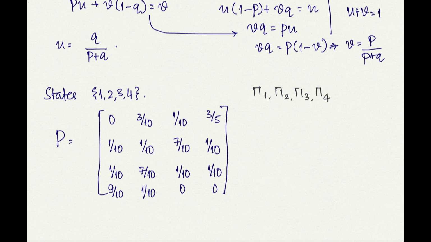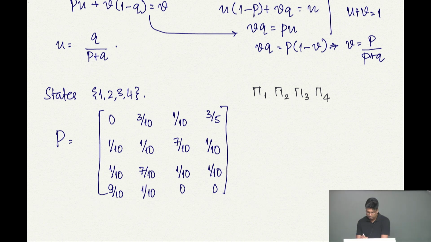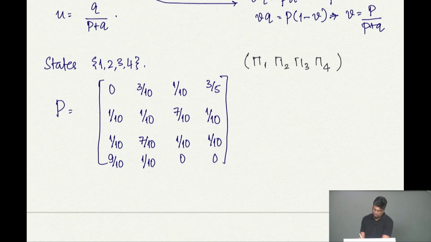Let's remove the commas so that I can make it a vector. So what will this be? I have pi 2 by 10 plus pi 3 by 10 plus 9 pi 4 by 10 is equal to pi 1.